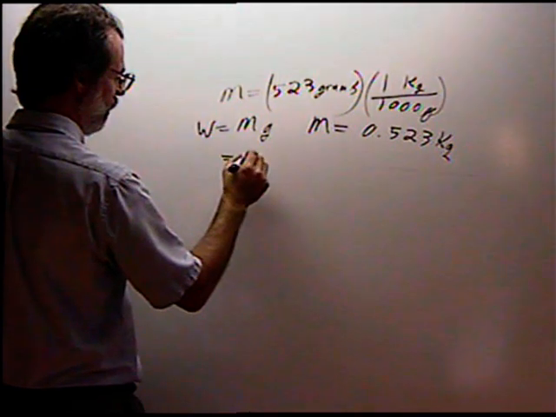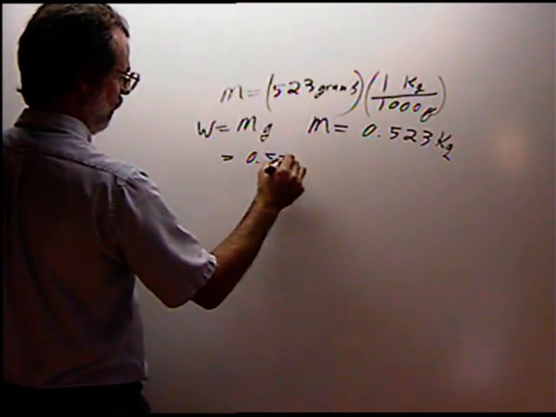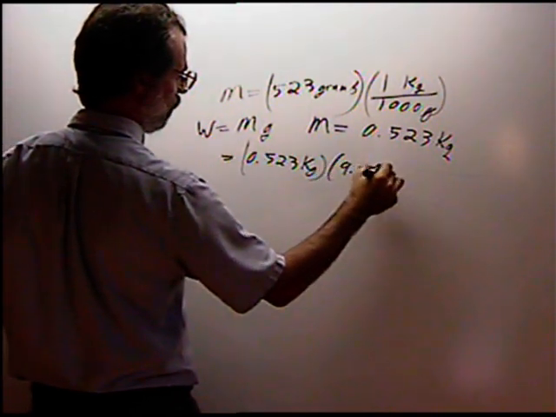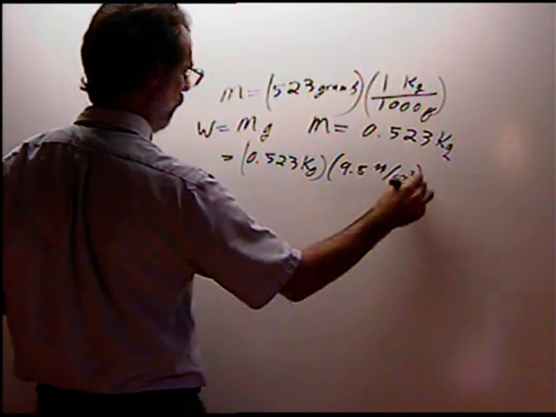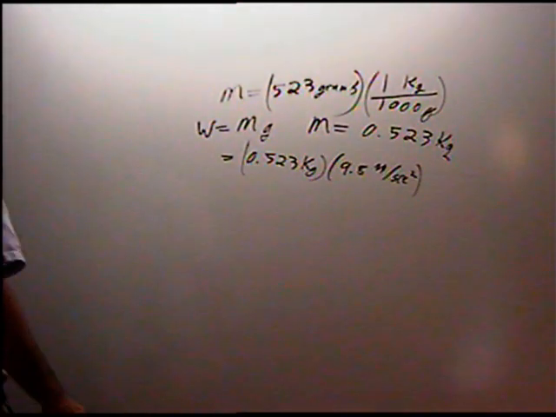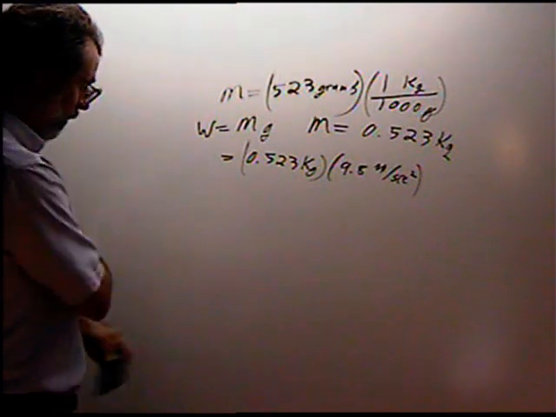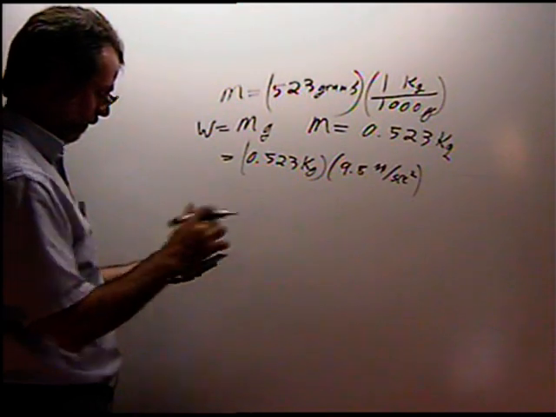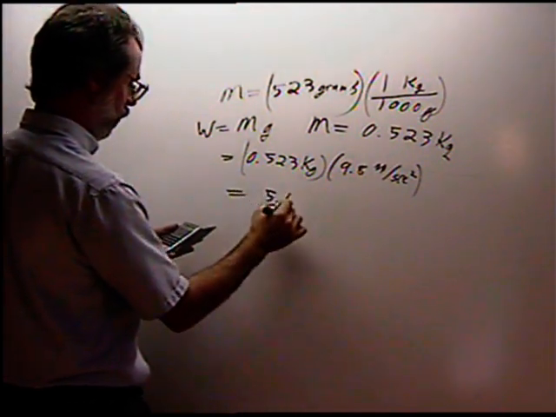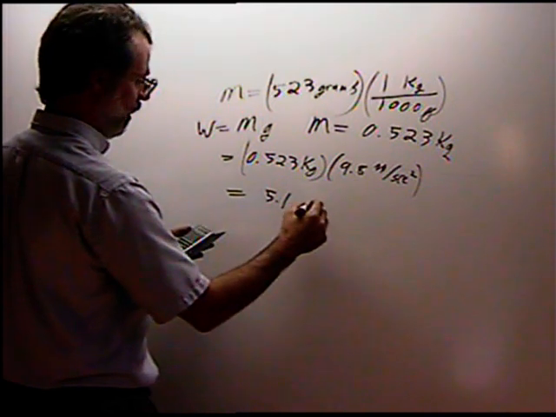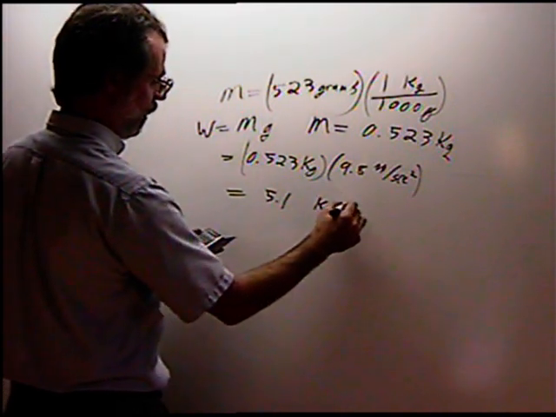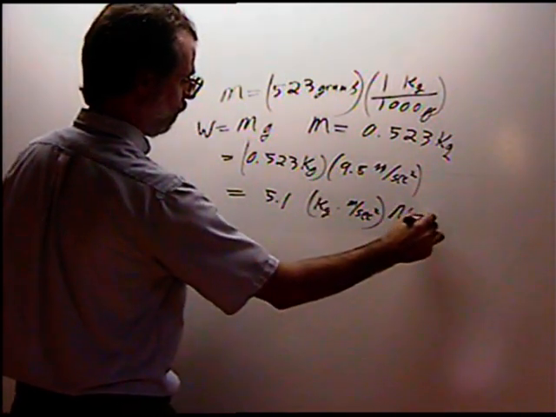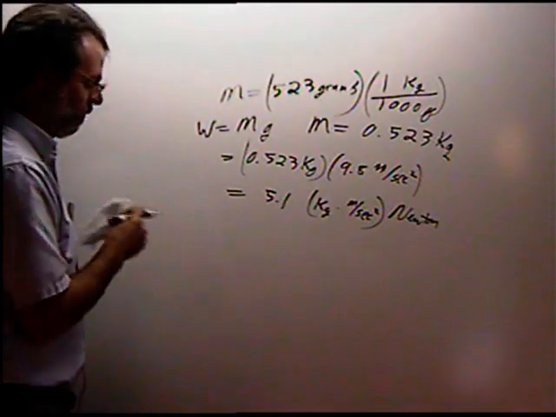So the weight is 0.523 kilograms multiplied by 9.8 meters per second squared, which is 5.1, rounded off to 2 significant figures, kilogram meter per second squared, which is a Newton. So that would be the weight.